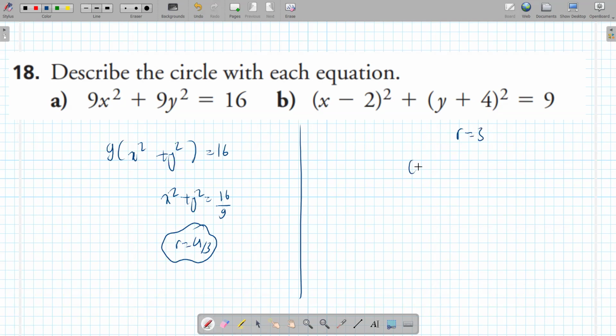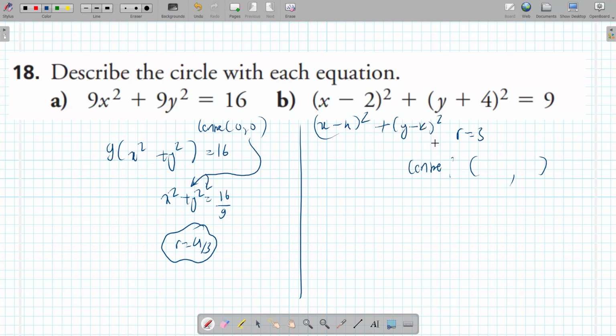But the center is not at the origin. Where's the center? For A, the center was at 0, 0, because you're not subtracting anything from x nor y. But here, this is the general form, x minus h squared plus y minus k squared.